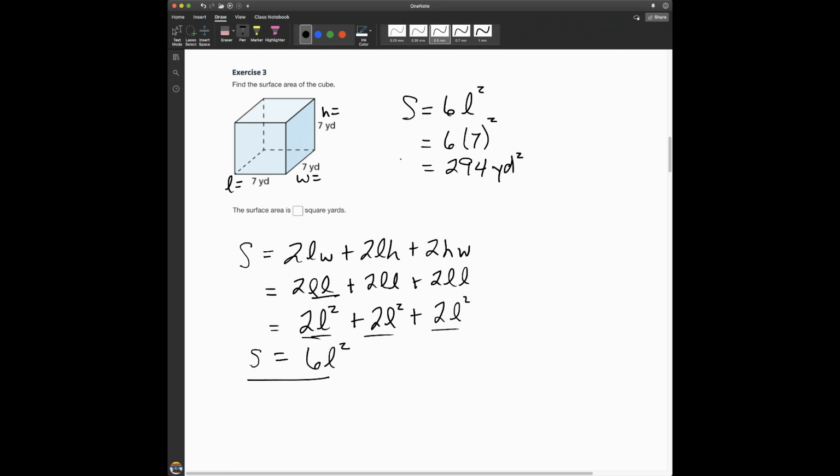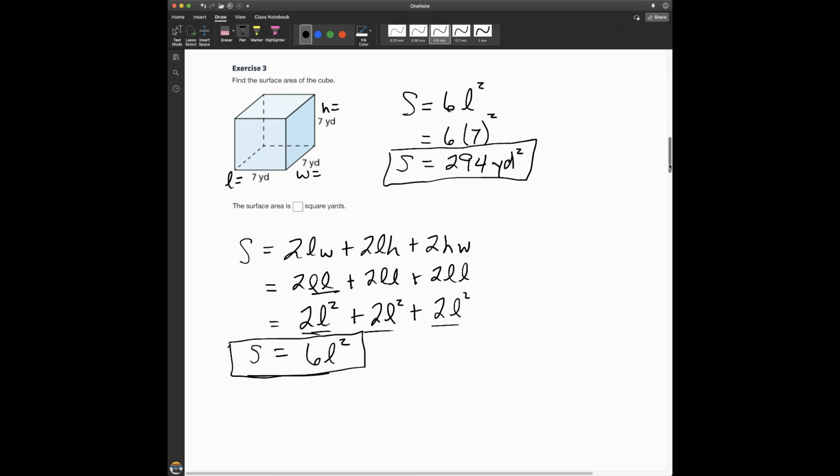So the surface area of the cube is that. And this is a formula that you can keep and use, and it's very quick when you have a cube, just with a cube. Doesn't work for anything except a cube.